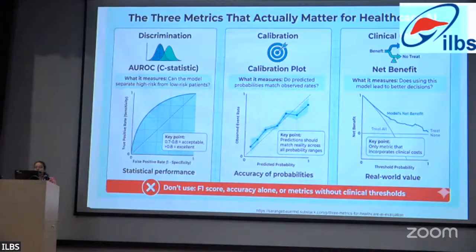Threshold probability tells about the probability of a patient or clinician taking the traditional method. And for the different threshold probabilities, the clinical benefit is plotted for the traditional model and the AI-based model. So if the model is giving more positive clinical benefit than the traditional method, then it is proved to be a useful method. So it is a very, very important parameter for an AI model.